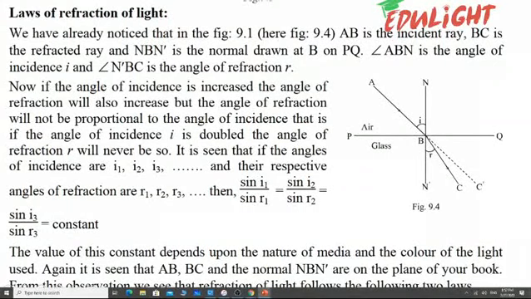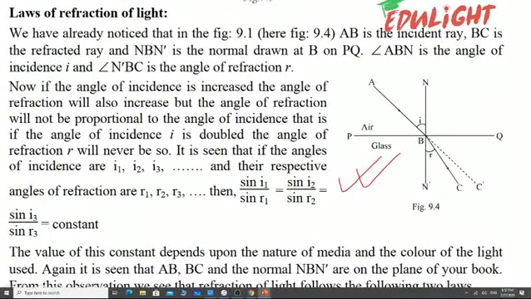This part has been taken from the previous syllabus of your book. The laws of refraction are the fundamental laws which need to be understood by each and every one of you, because if you don't understand the laws of refraction of light, you will not understand the basic principle of refraction.